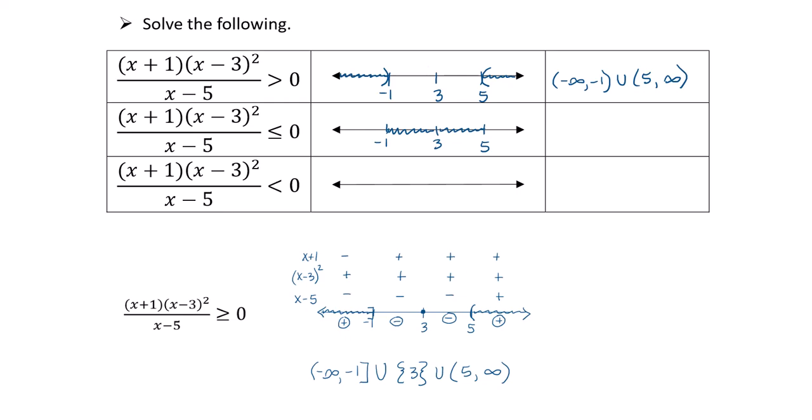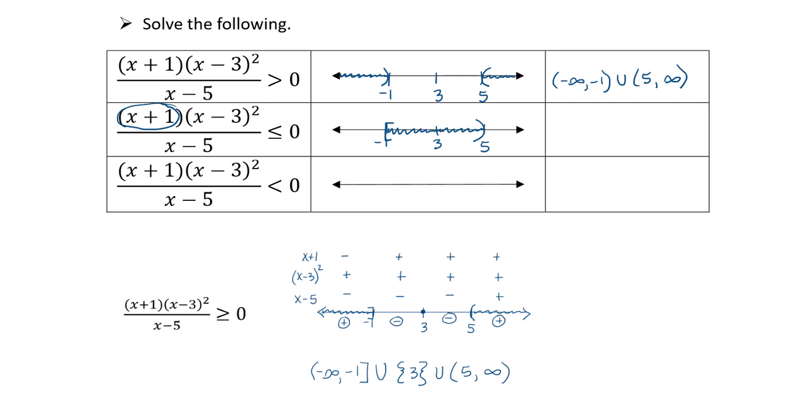Now let's treat the boundary points. Negative 1 would be included because it would cause us to have an equal to 0 statement. So we're going to include that. 3 would be included because it would cause the statement to be equal to 0. And 5, again, would not be included because it causes that rational expression to be undefined.